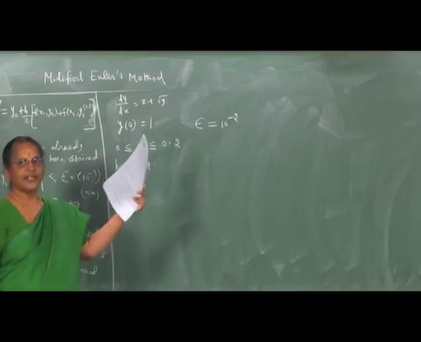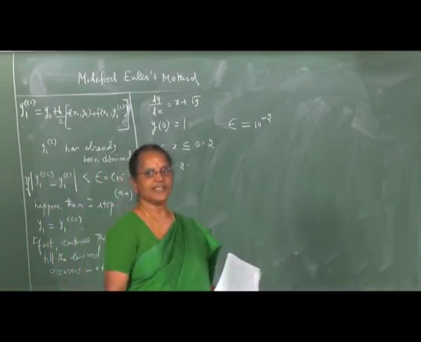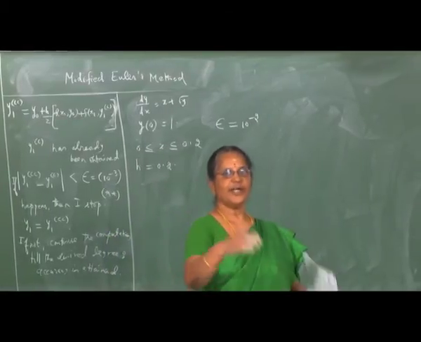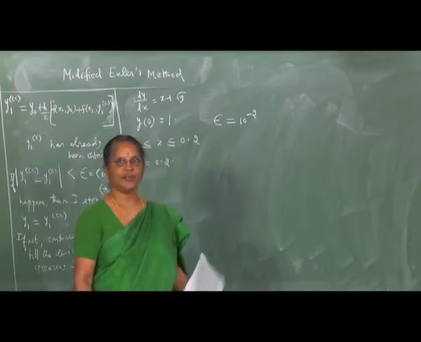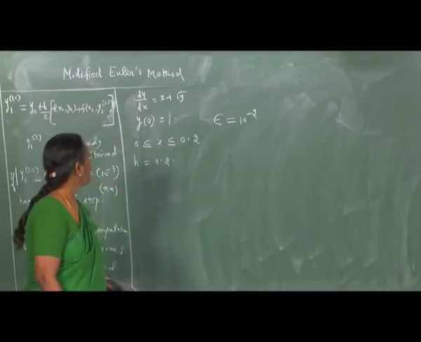One can ask for more accurate solutions. Since we are doing manually, I take epsilon to be 10 to the minus 2.